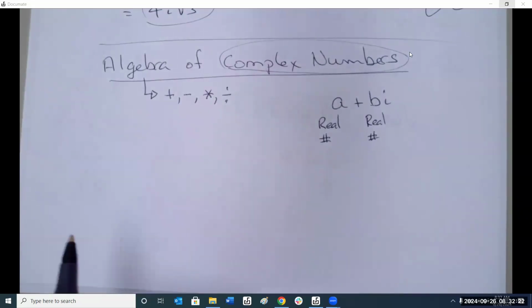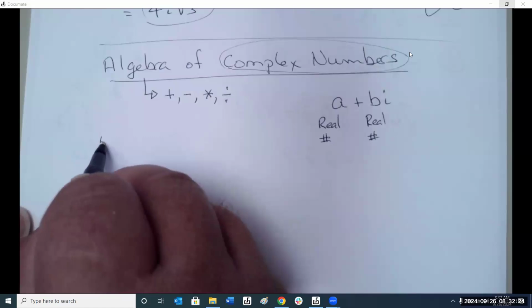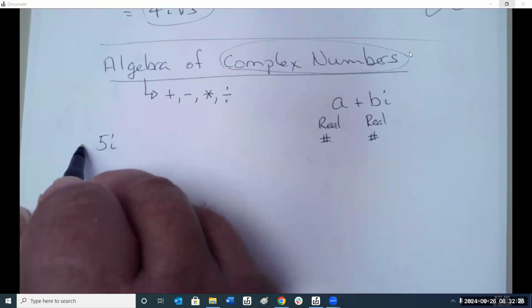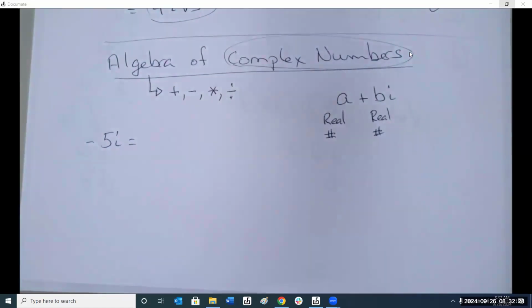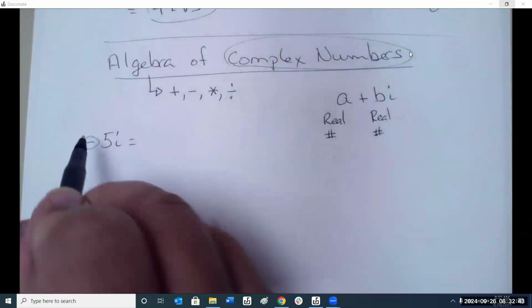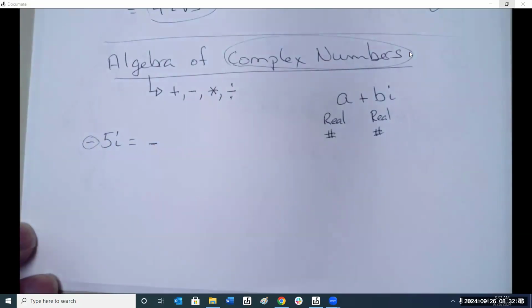In other words, if I gave you a number, negative 5i, put it into radical terms, how would you do that? We know it has to be negative, so the negative has to stay there.